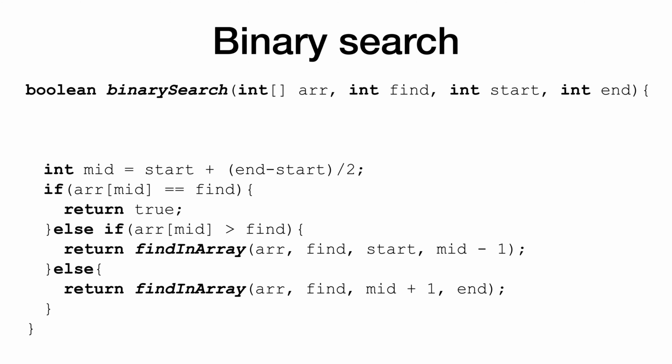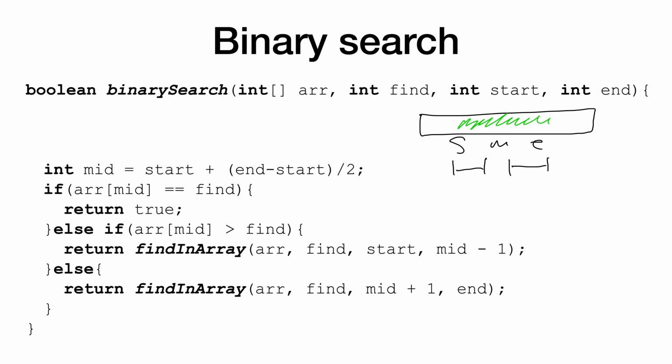And if it's smaller, oh, I have to redraw that picture. If the midpoint was smaller, which means this is false, we know it's not equal, so it's either larger or smaller, then it goes from midpoint plus 1 to the end.